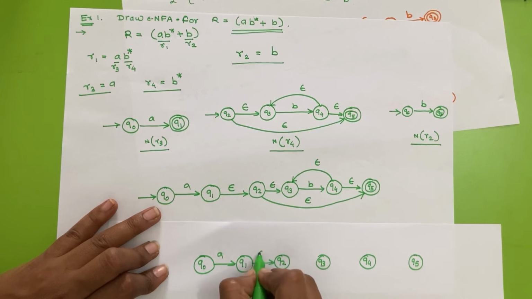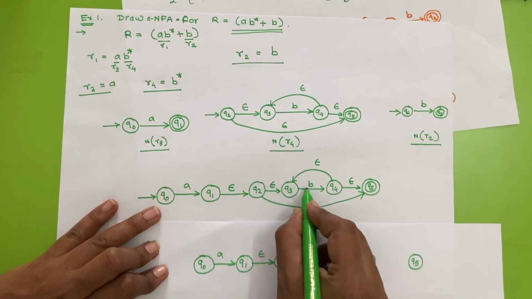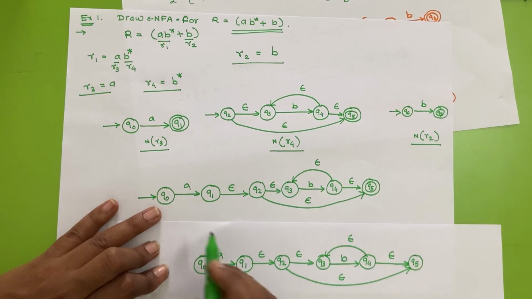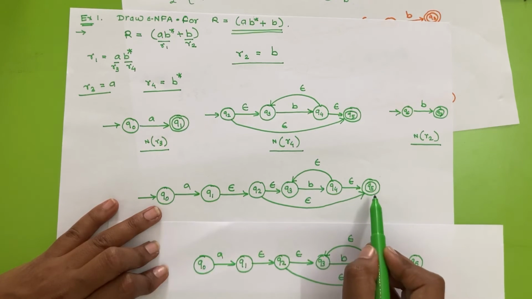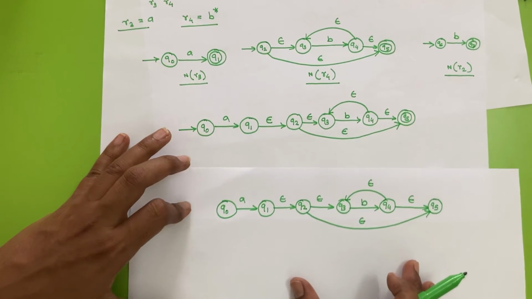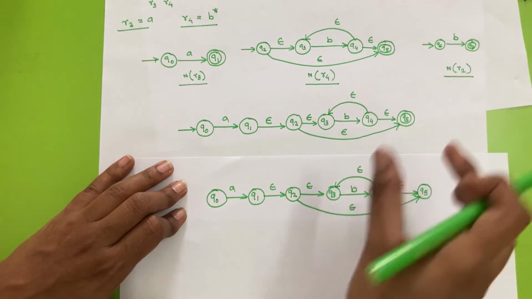Now we'll add the transitions. I have drawn the same diagram as above, just converting the initial and final states into intermediate states. Now we have to add this diagram of B here.